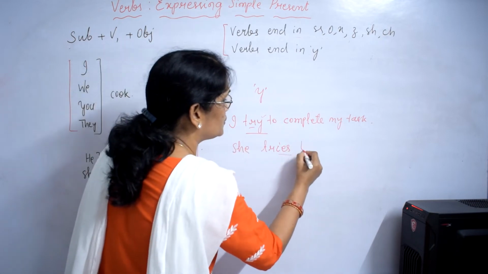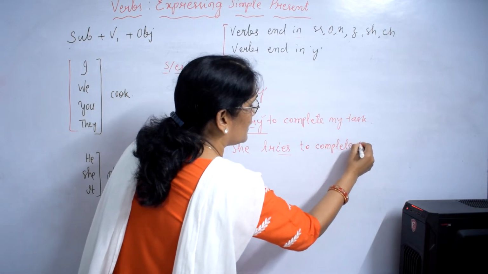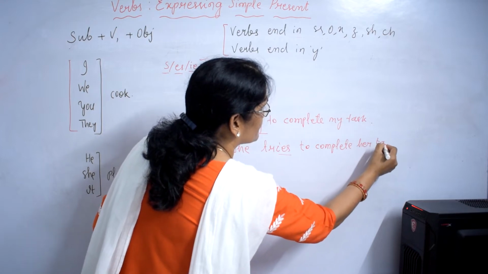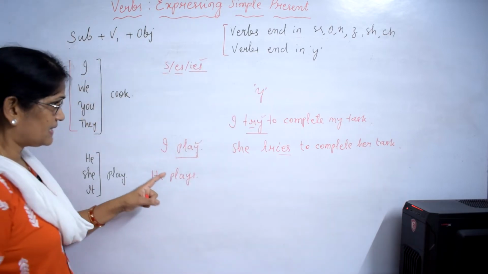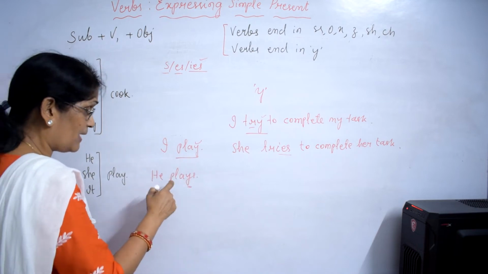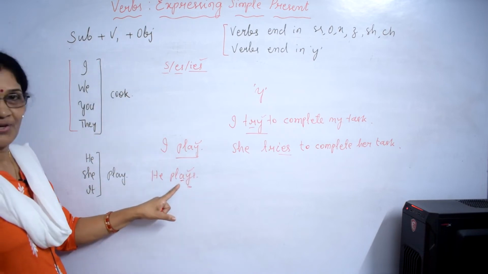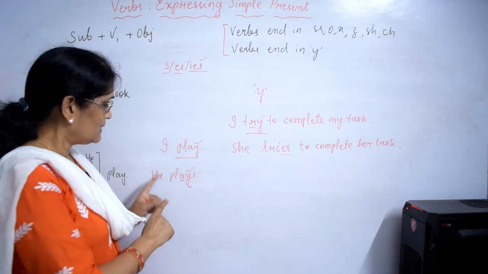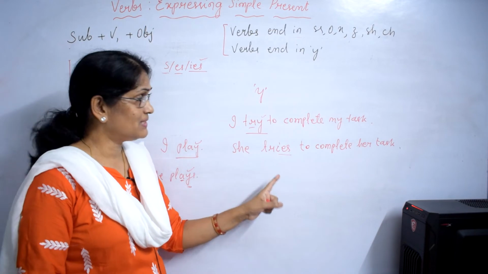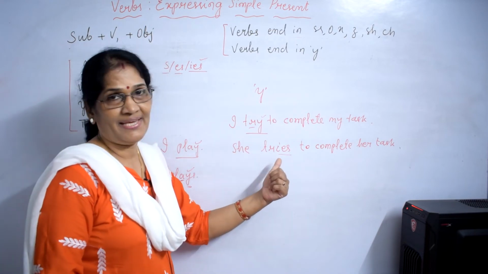She tries to complete her work or task. But here, he plays, only S is added. Why? Because the last y is preceded by one vowel. Where preceded by one vowel, you add only S. Where the last y is preceded by one consonant, we remove the y and add I-E-S.